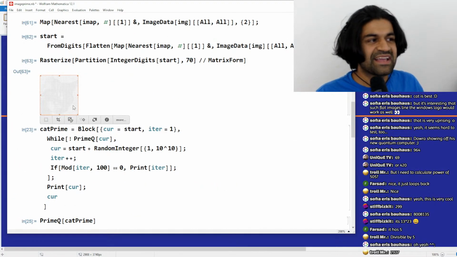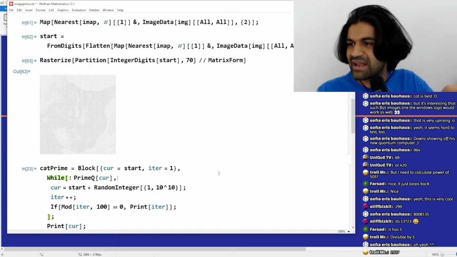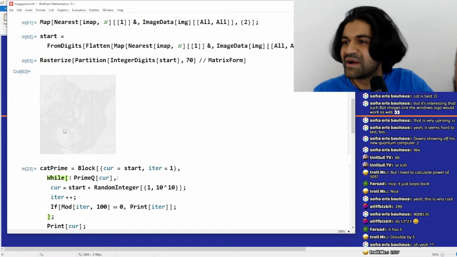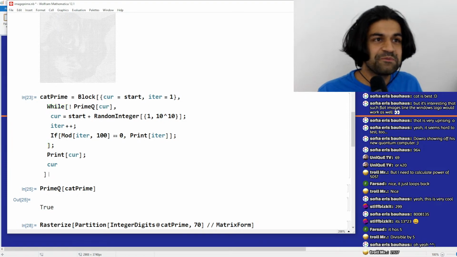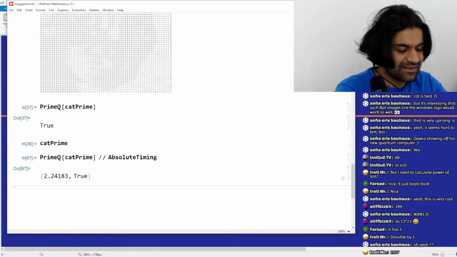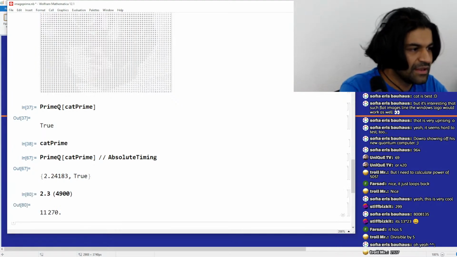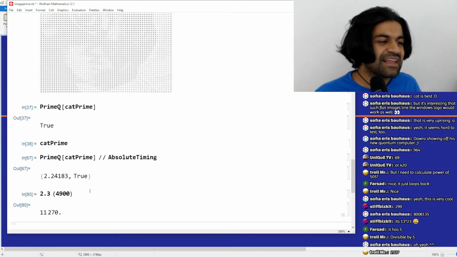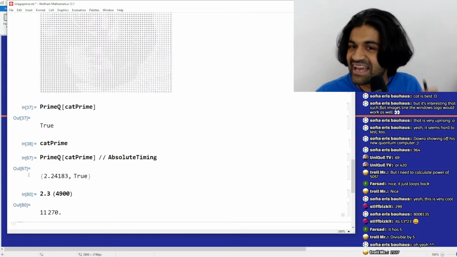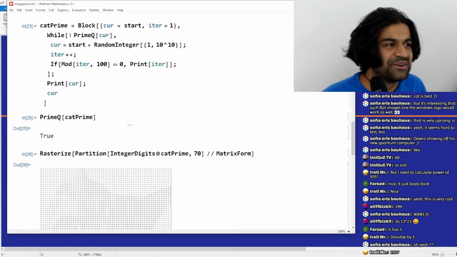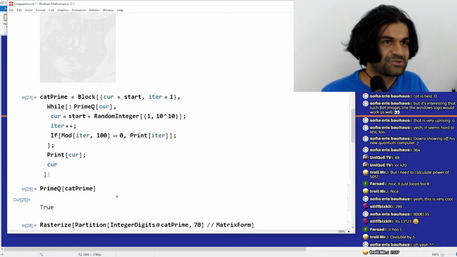So I've started with my cat number, and I'm essentially adding random numbers to it, random numbers that aren't too big, that won't compromise the integrity of the image, right? And presumably within 2.3 times 4,900, somewhere around 11,270, maybe a bit before, maybe a bit after guesses, it should be able to find me a cat prime, which it did.